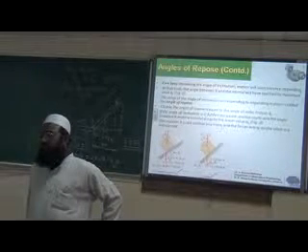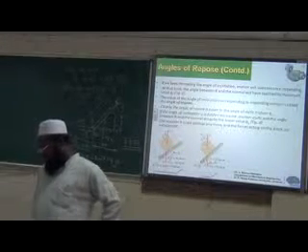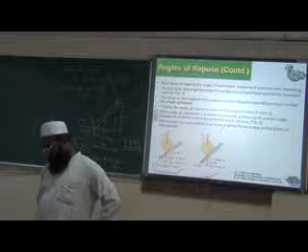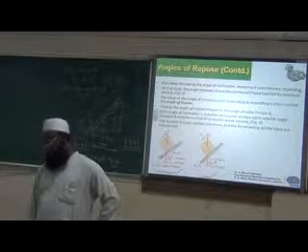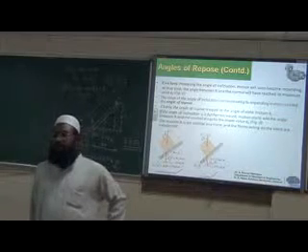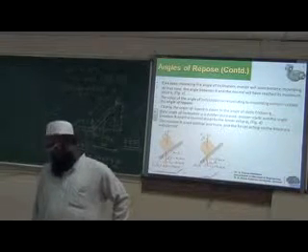Find mu. Find the coefficient of friction between the ladder and the floor.